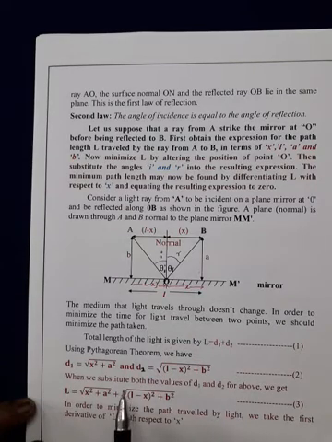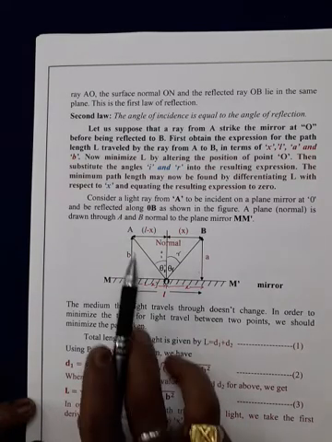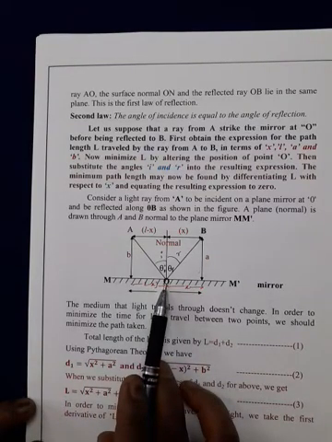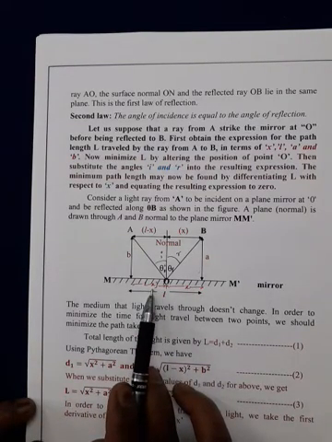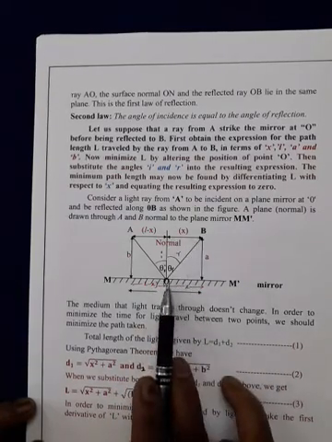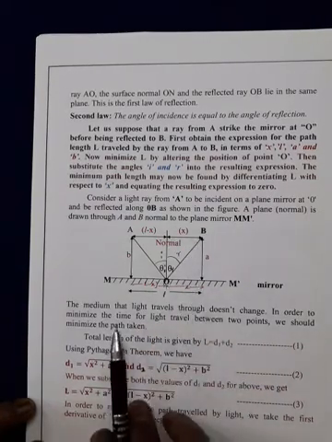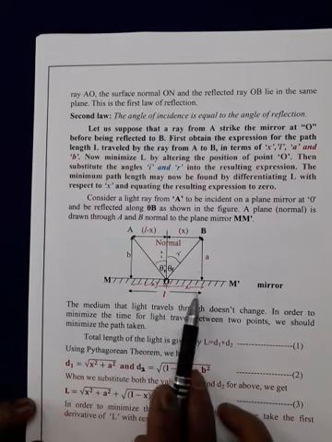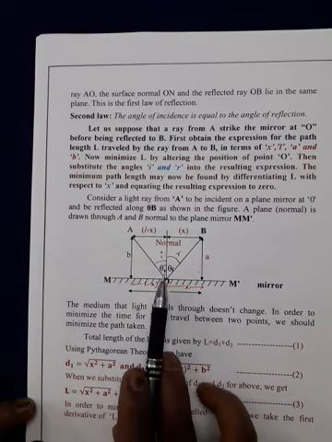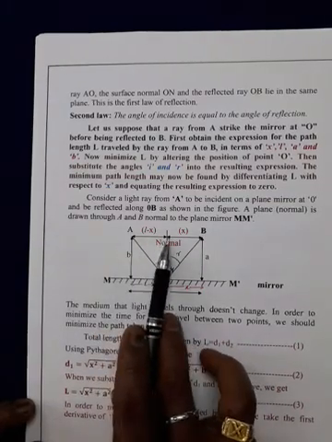Now let us consider the distances. Here, from this point to this point, if I say it is x, and the total distance from this to this, if I take it as L, then what about the remaining term here?